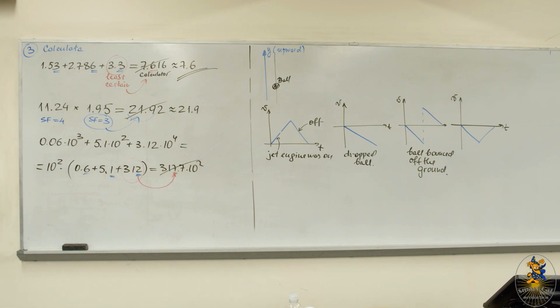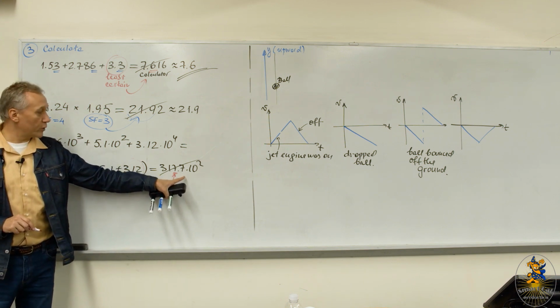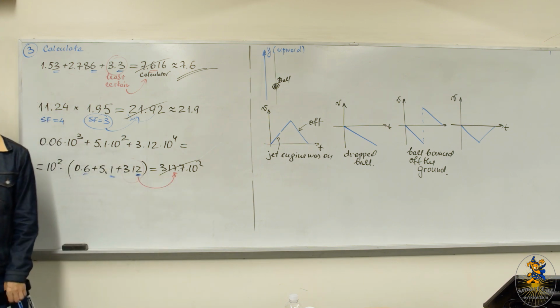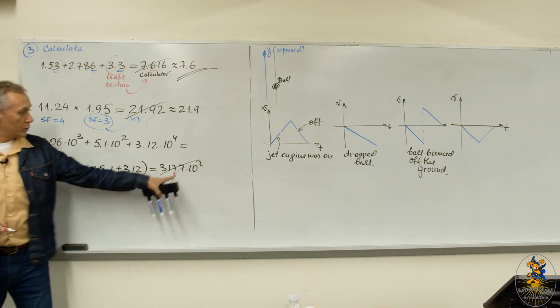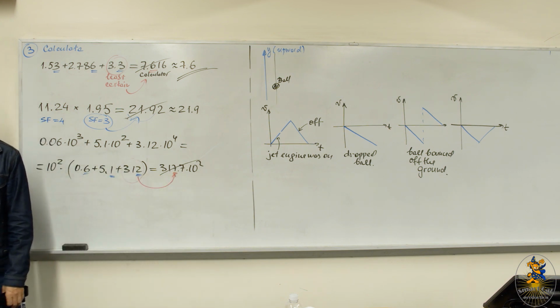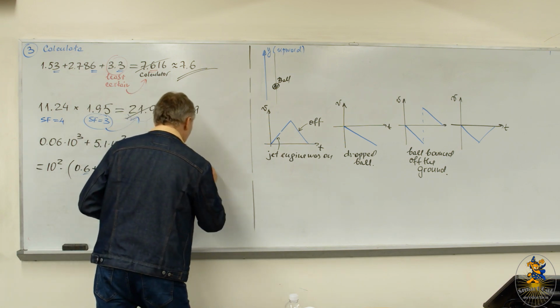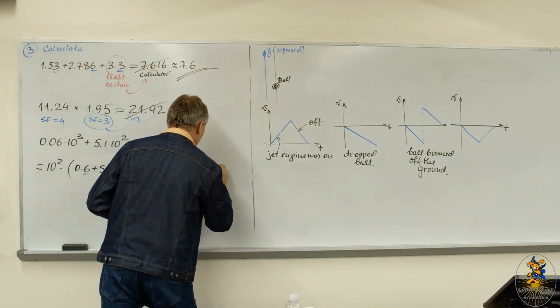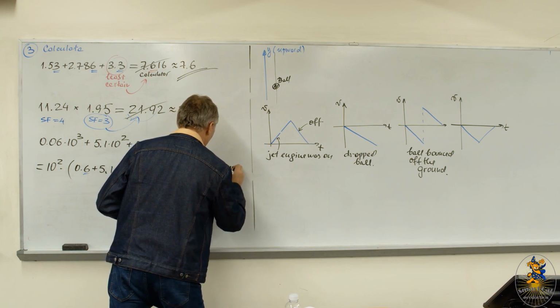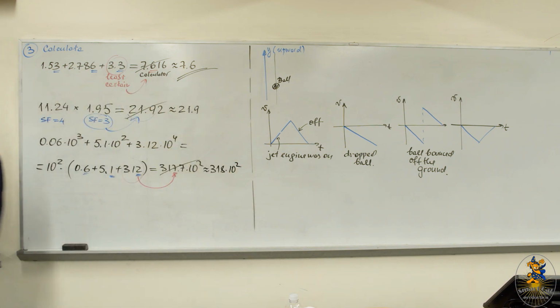And again, rounding. The next digit is a 7, which is larger than 5, so we need to add 1 to the previous digit. So it will be approximately 318 times 10 to the power of 2. Okay?